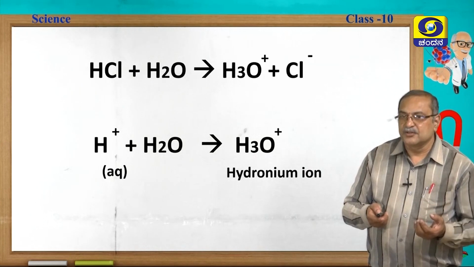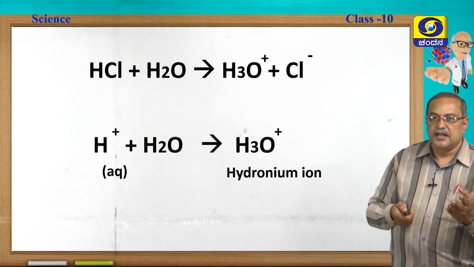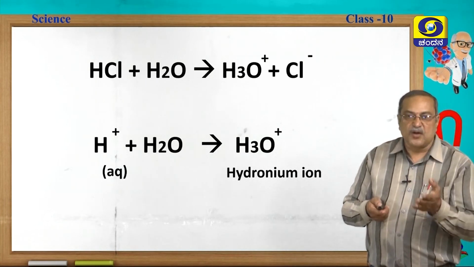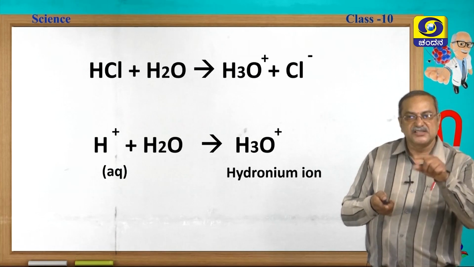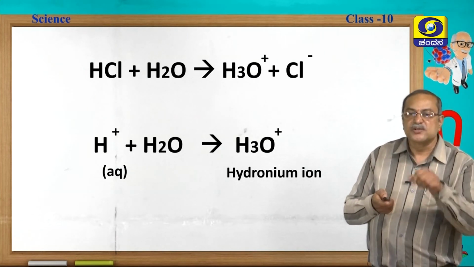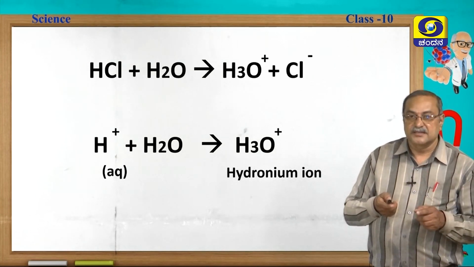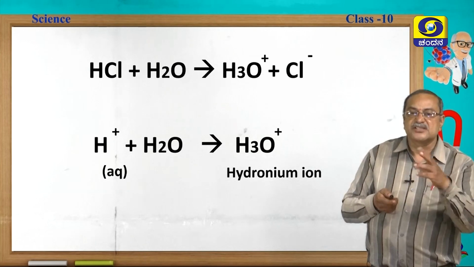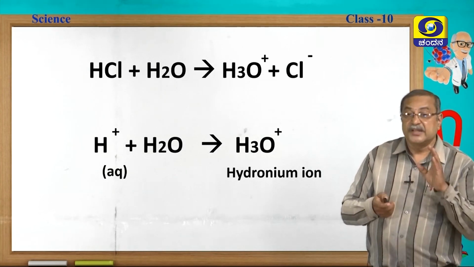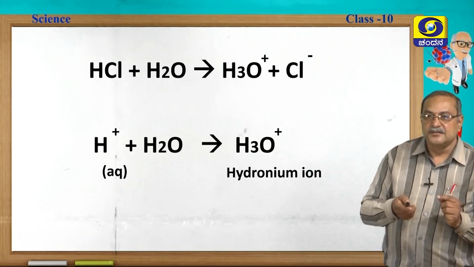Now, we are going to see the equations, how it is formed. HCl, hydrochloric acid, plus water, dissolved in water. HCl is a gas. When it is dissolved in water, it forms hydronium ions, H3O plus, and Cl minus. The hydrogen released in the liquid is not stable, it requires one more electron to share.